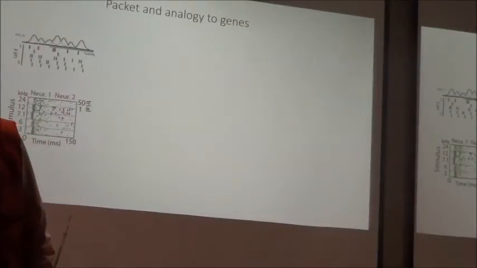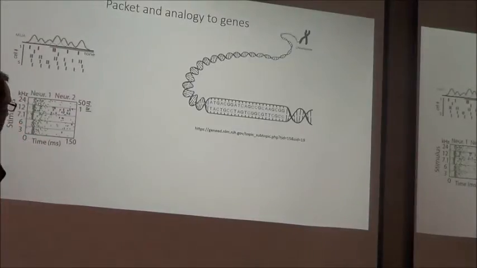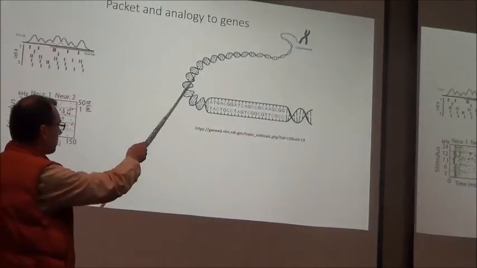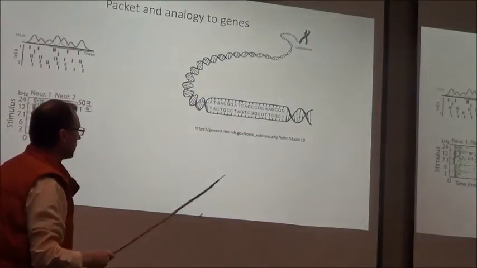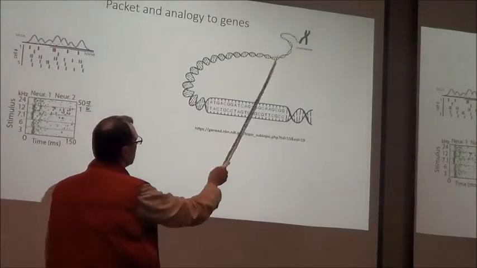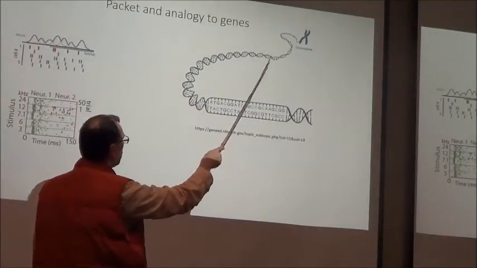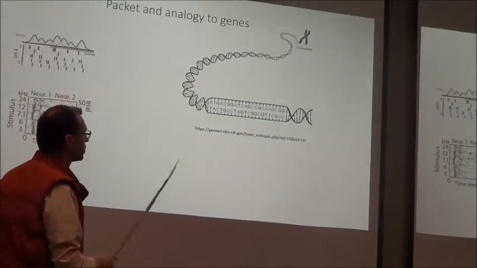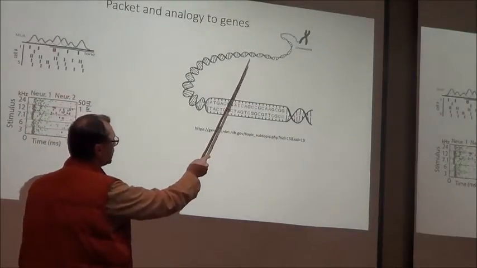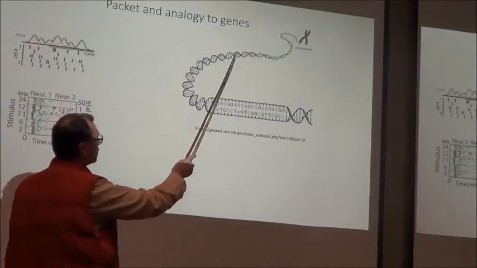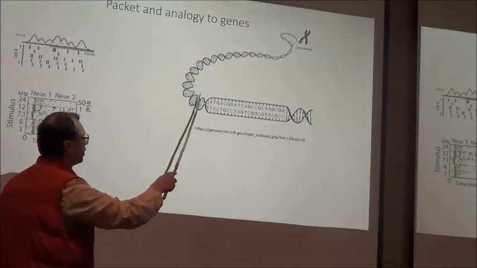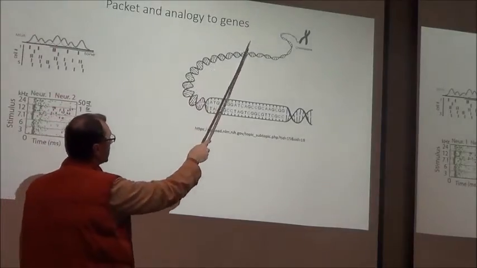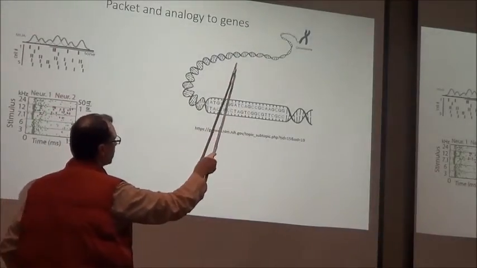Let me give you an analogy. Here is this double helix DNA, and it's not enough to know that we have this DNA inside. What is really important is to know how the information is coded here, and to know that this seemingly continuous string is divided into genes, into those packets of information.